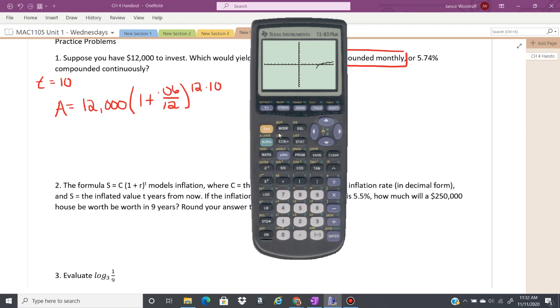I'm going to do 0.06 divided by 12. Then I'm going to take that amount and add it to 1. Then I'm going to raise that to the 12 times 10, so that's 120. And then finally, the last part is I times it by 12,000. All right, so there I'm going to have $21,832.76.